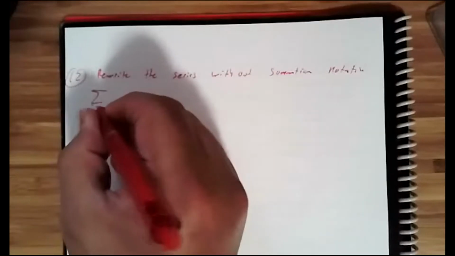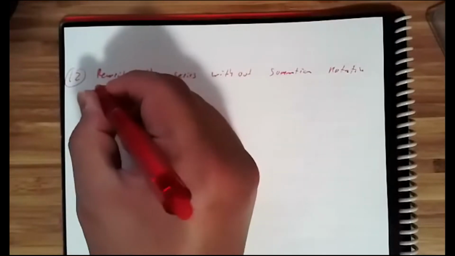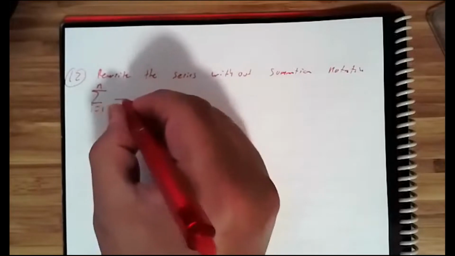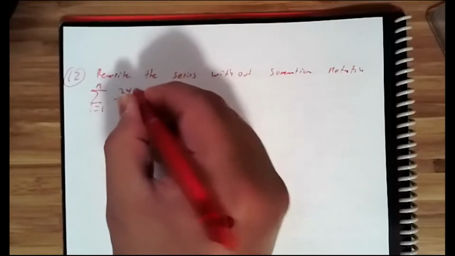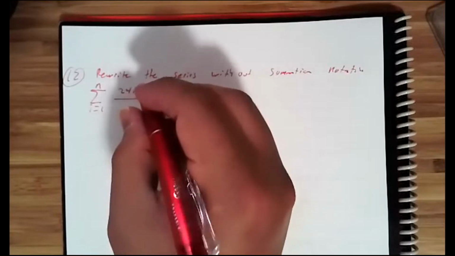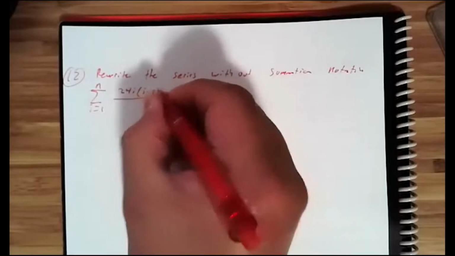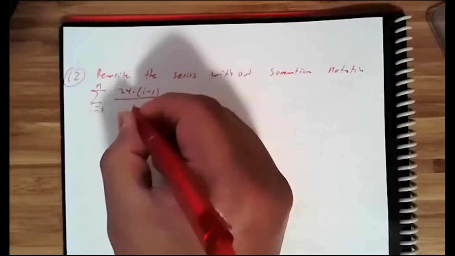So the sum from i equals 1 to n of 24i times i minus 1 over n to the 7th.